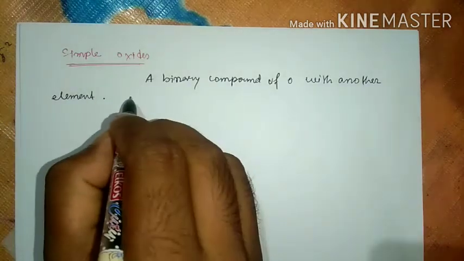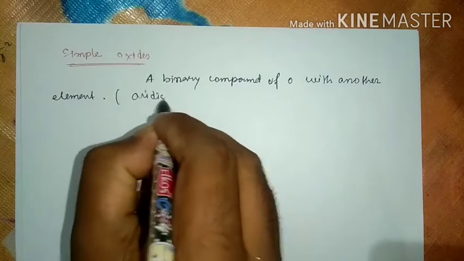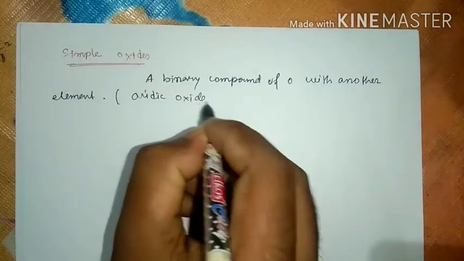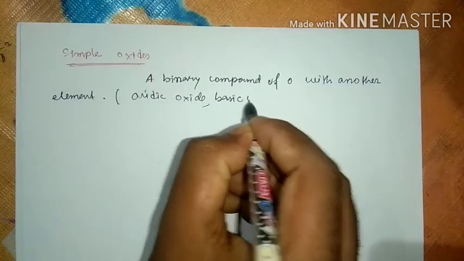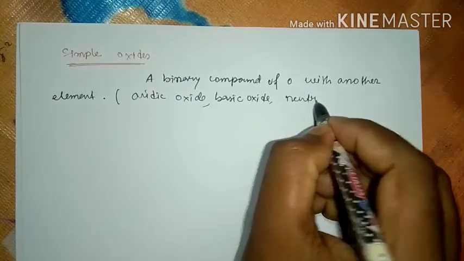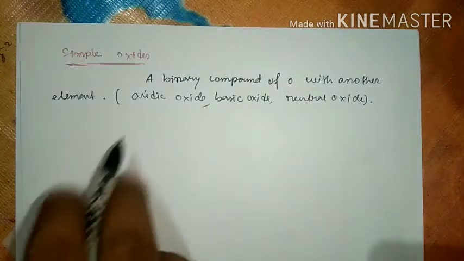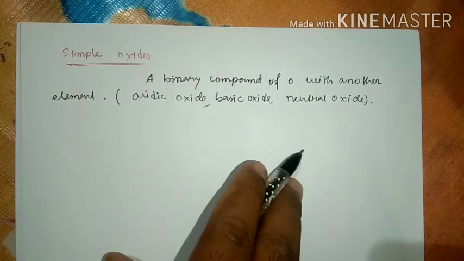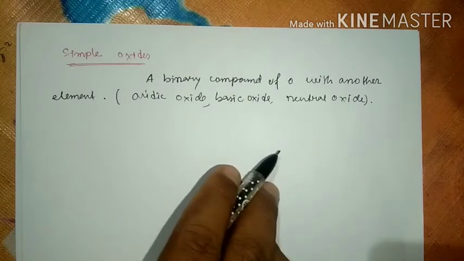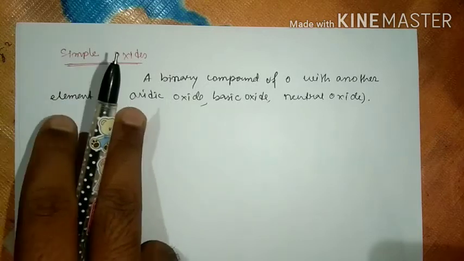The first is acidic oxide, then basic oxide and neutral oxides. Now, what do you mean by acidic, basic, and neutral oxides? The oxide which reacts with water and forms an acid is an acidic oxide.